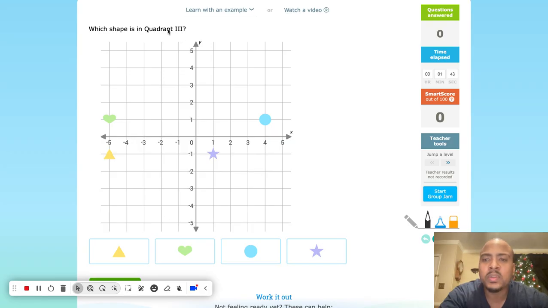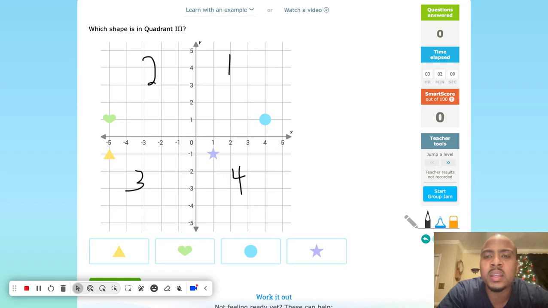Before we talk about what quadrant is what, we have to identify them. Let's say there are 4 sections: the first section, the second section, the third, and the fourth. This is so we can easily identify where something is.